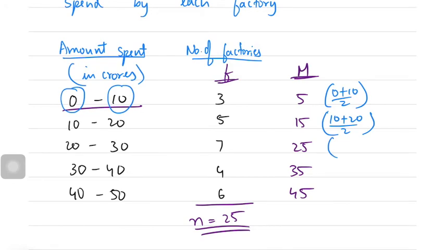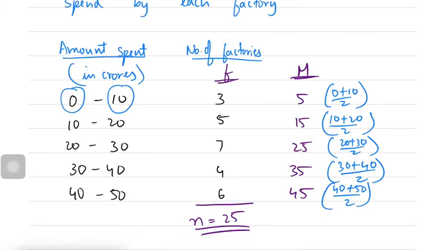Yeah, this one is 20 plus 30 divided by 2. 30 plus 40 divided by 2. This is how you get midpoint. 40 plus 50 divided by 2. Okay. So midpoint, how do you calculate? Lower limit plus upper limit divided by 2. Okay.